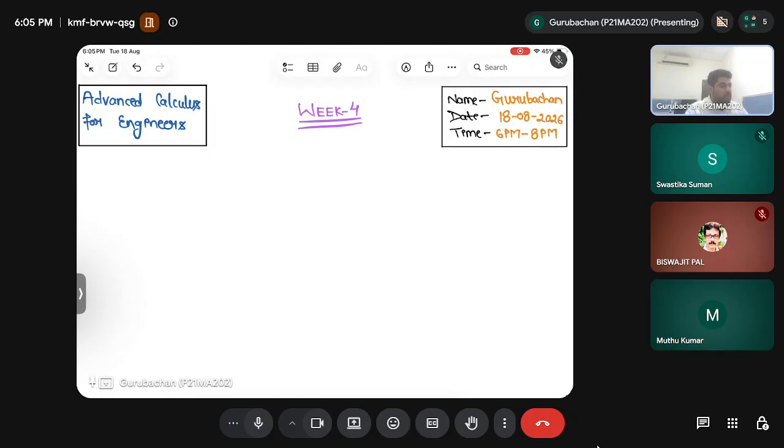So let me mention Taylor's theorem in two variables. I hope everybody remembers the Taylor's theorem in one variable. So keeping that in mind, I'm starting with two variables.